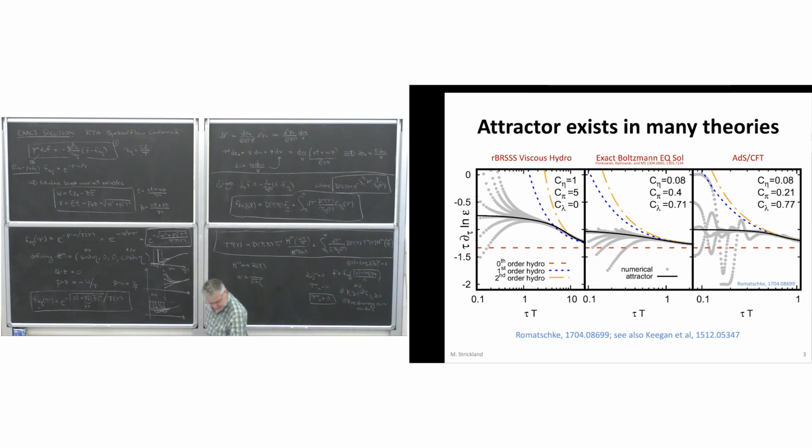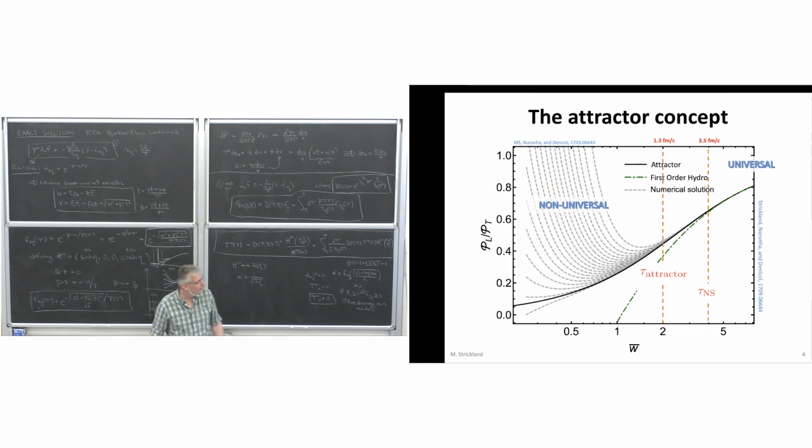So what this tells us is this late part of this attractor business is universal. It's independent of the microscopic model you're using. And by the time you hit that universal regime, typically you're already in the Navier-Stokes limit, and you can write down nice analytic solutions.